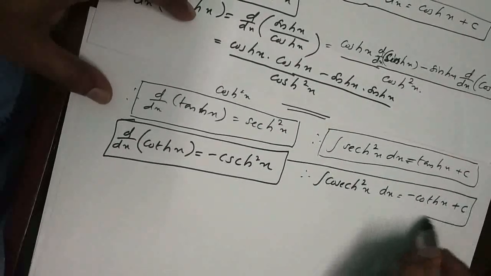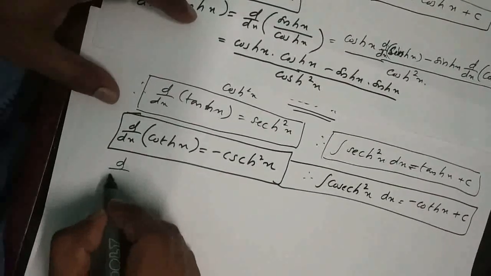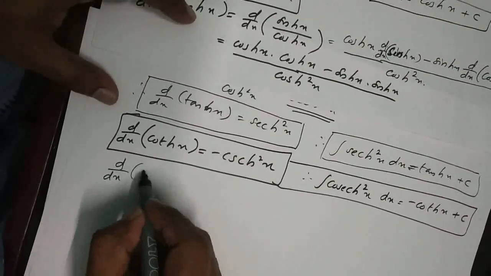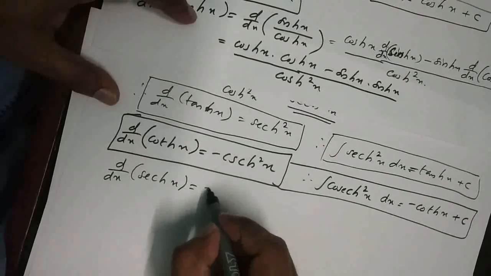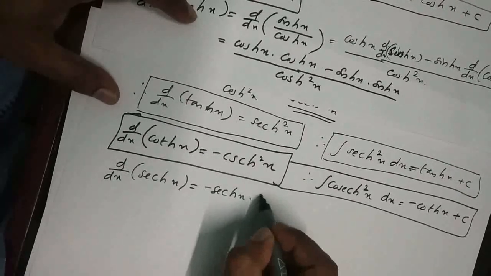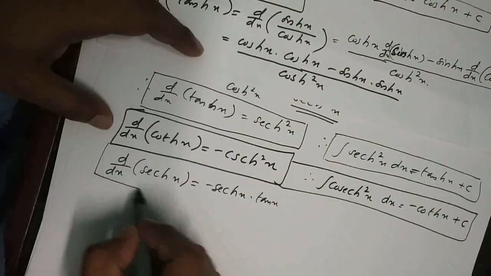In connection with this, next one is d by dx of sech x is equal to minus sech x tanh x. So from this we get what?